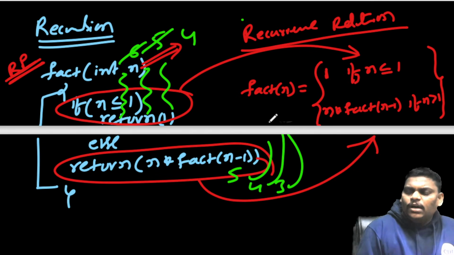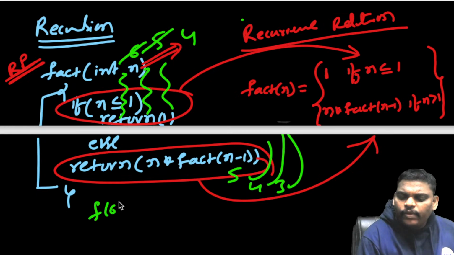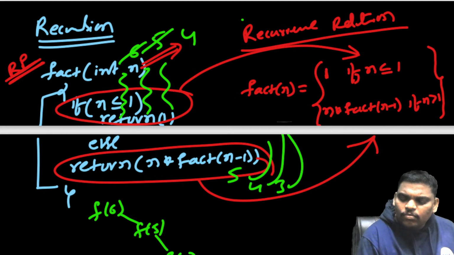Factorial of 6, if I call, internally it will call 5, internally it will call 4, then 3, then 2, then 1. 1 is the termination, it will come back. So fact 6 will call fact 5, 5 will call 4, 4 will call 3, 3 will call 2, 2 will call 1, 1 will call no one. So this much stack is required.